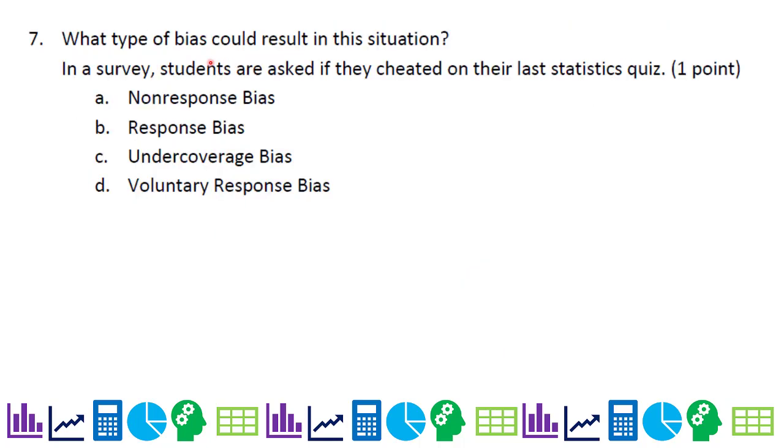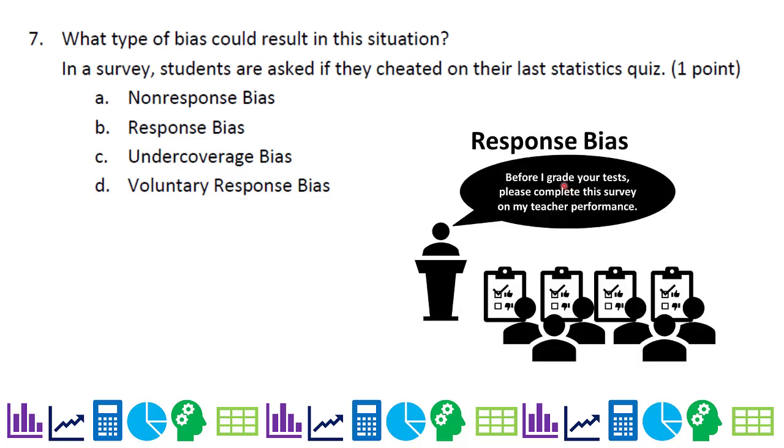Number 7, what type of bias could result in this situation? In a survey, students were asked if they cheated on their last statistics quiz. I made this one: before I grade your test, please complete this survey on my teacher performance. Most people are going to give a thumbs up.